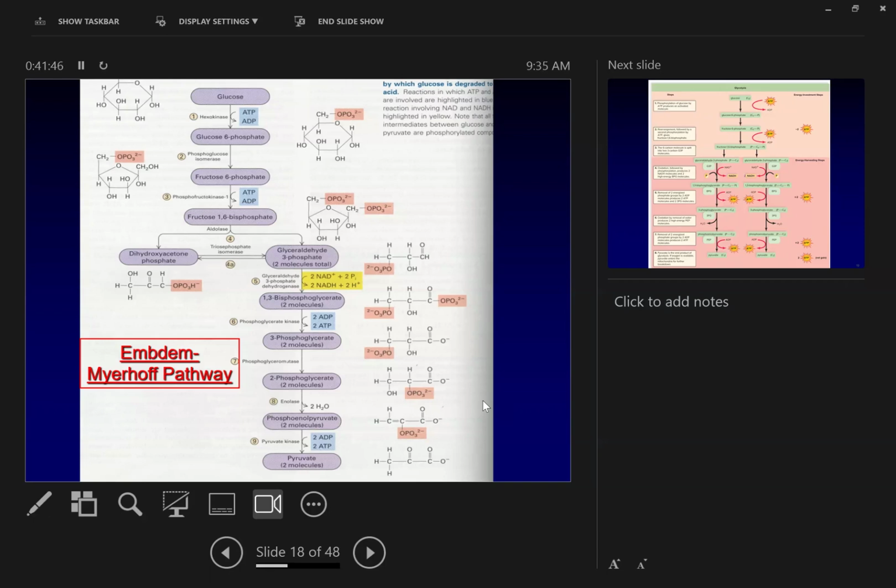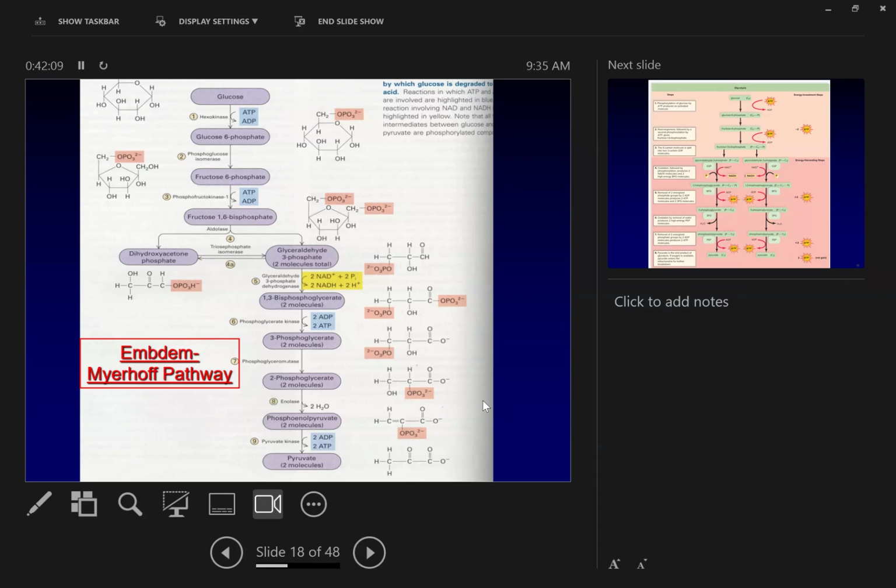Because there are 2 3-carbon molecules, we will reduce 2 molecules of NAD to NADH. We're going to hang on to these electrons, set them to the side, and we'll do something with them later on. Okay?